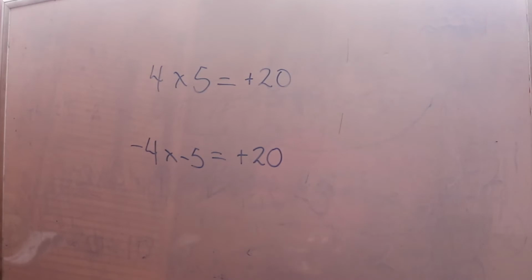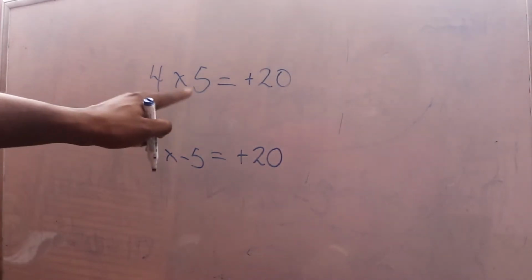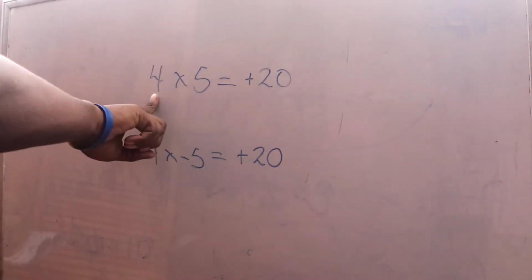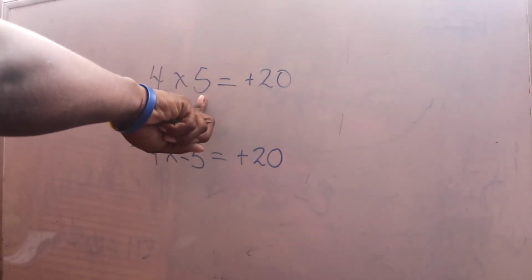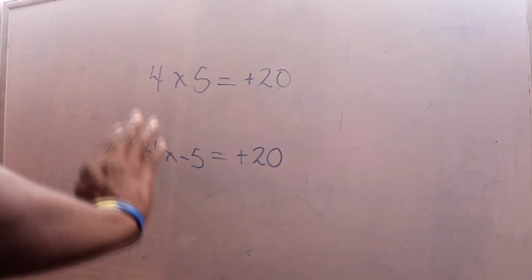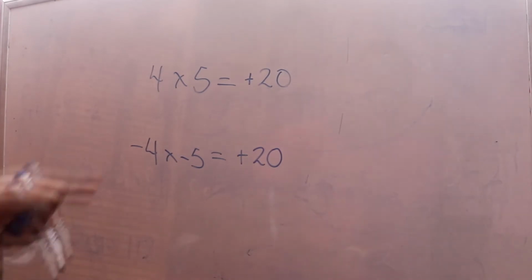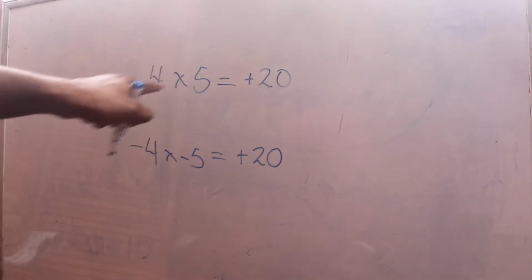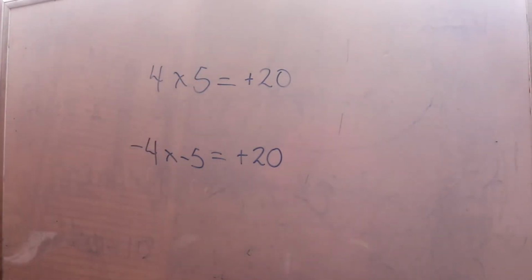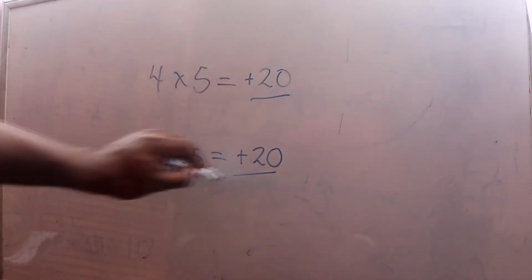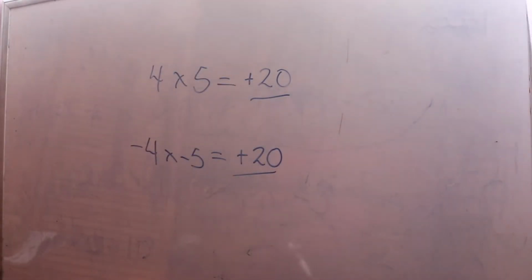So rule number 1 states that if the signs are the same, this has a positive sign, this has a positive sign, this has a negative sign, this has a negative sign. So if the pair you're multiplying are the same, then your result is going to be positive. And the same thing works for division as well.